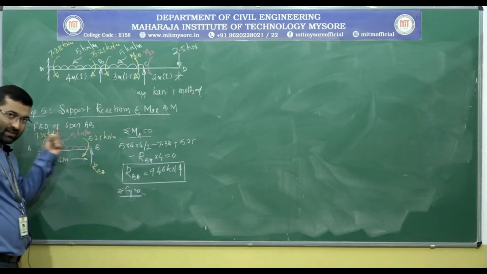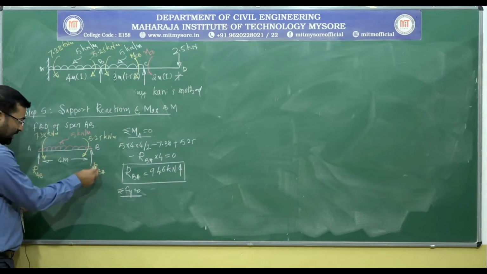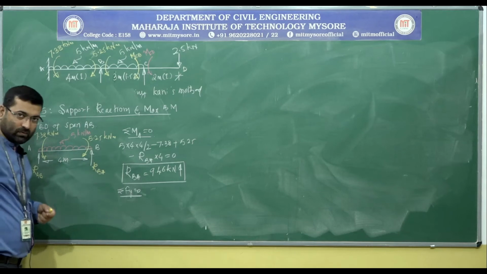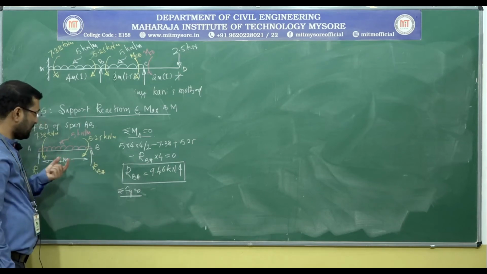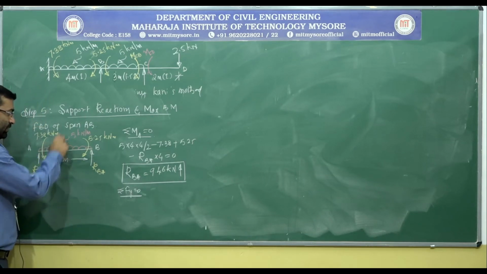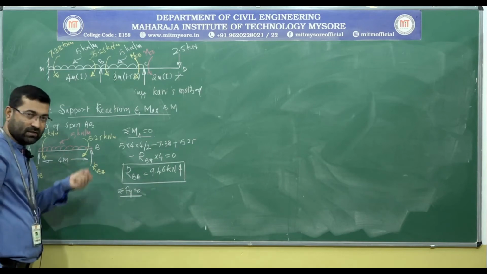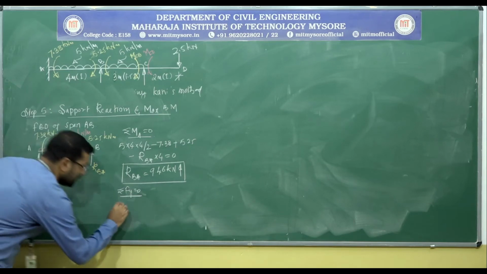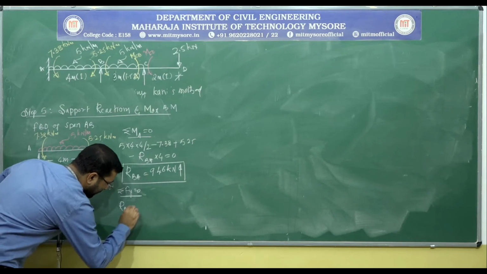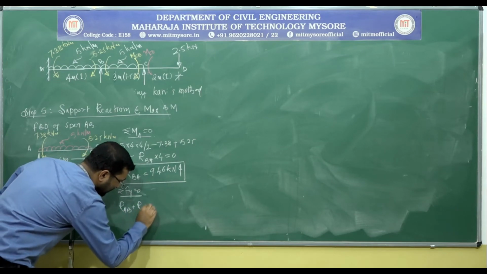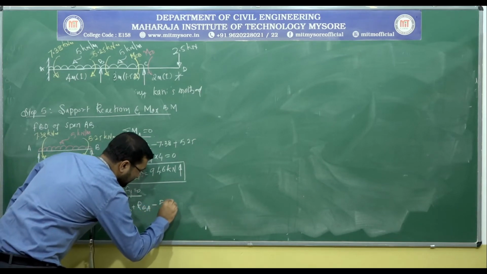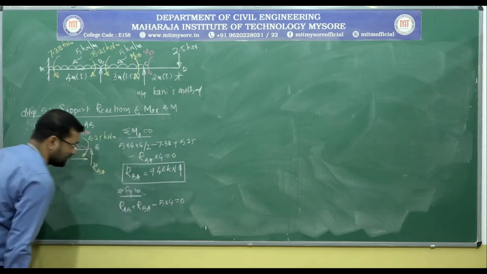RAB and RBA, these two are acting vertically upwards, considering them as positive. Then this UDL is acting vertically downwards, considering it as negative. RAB plus RBA minus 5 into 4, equating it to 0.